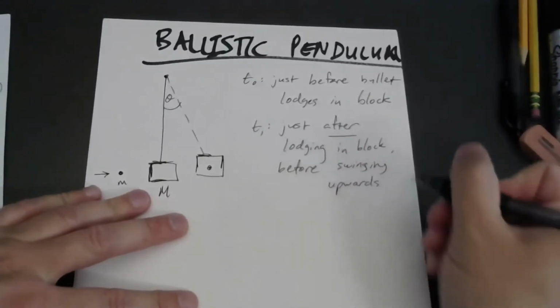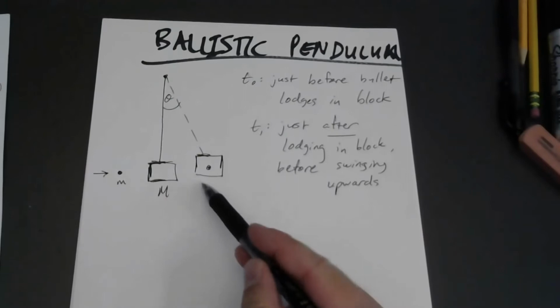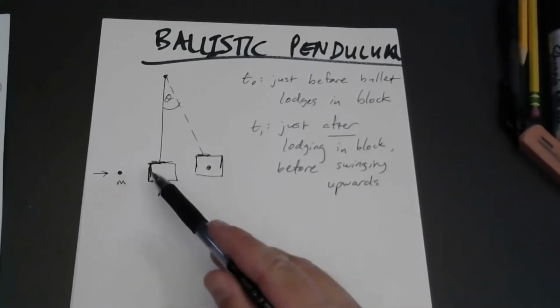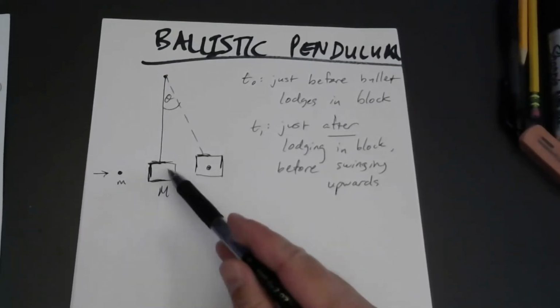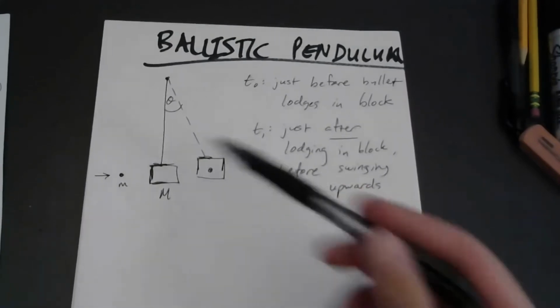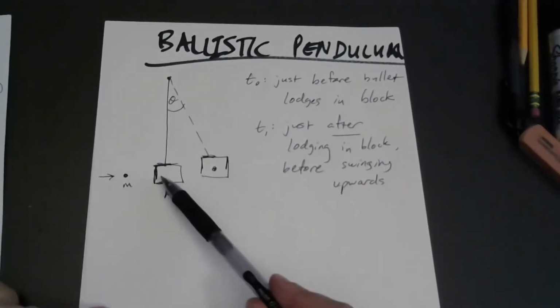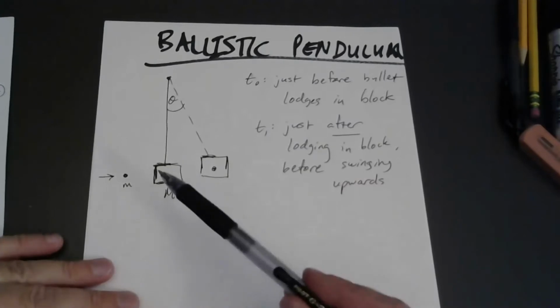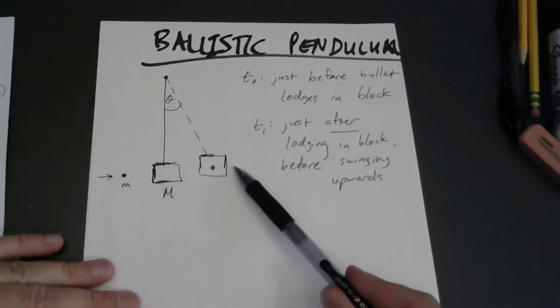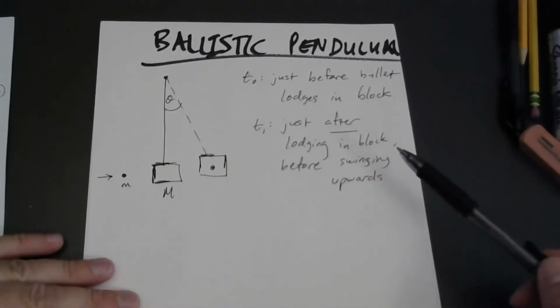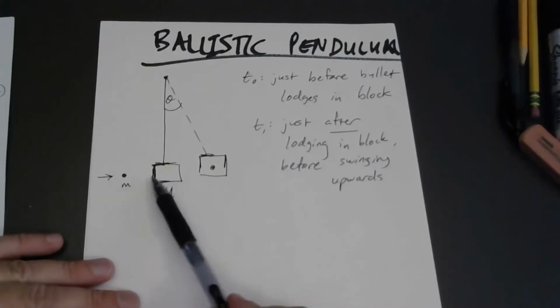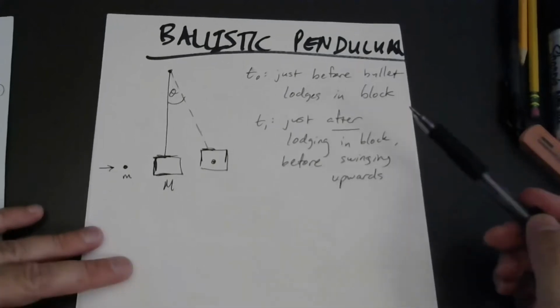Realistically, this block would begin to swing upwards as soon as the bullet hits it. So while the bullet is still burrowing into the block, it's already swinging upwards. But the time it takes the bullet to enter the block is really short compared to the time it takes the block to swing to its maximum height. So let's just assume that the bullet lodges in the block first, and then together they swing upwards.